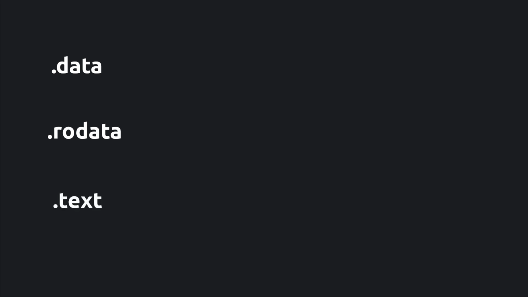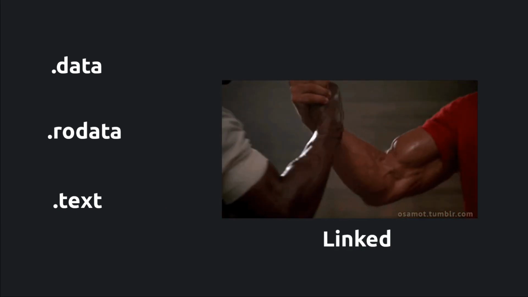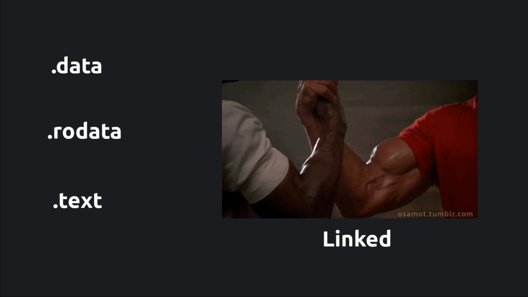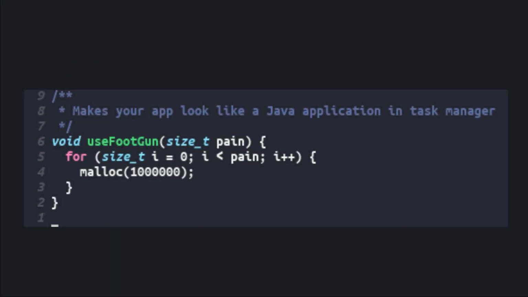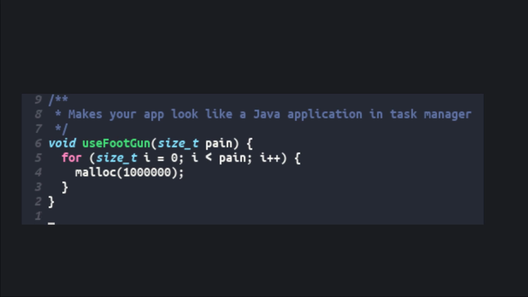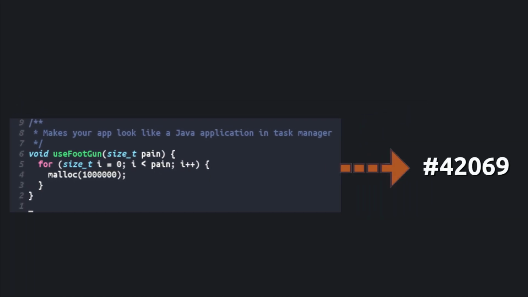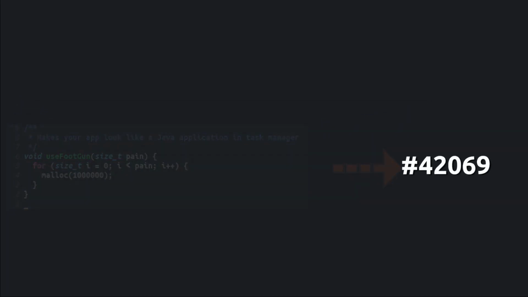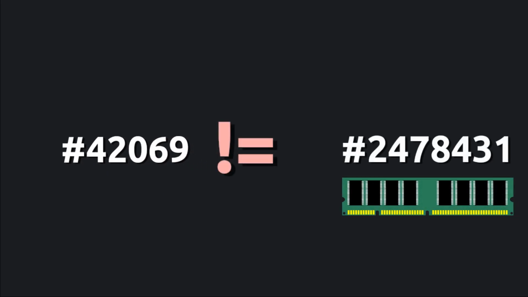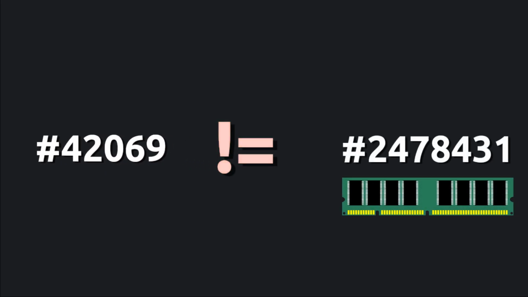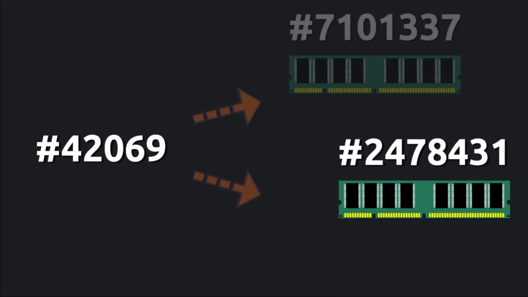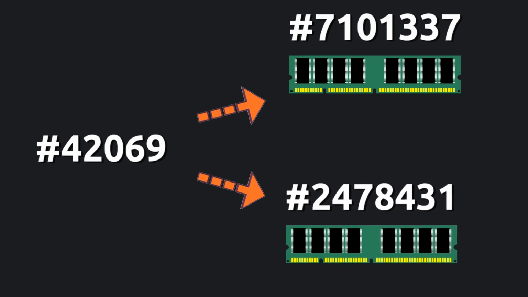The actual instructions are found in the text section of the executable. Those instructions are already linked, which means that the program definitions, like for example this C++ function definition, are mapped to virtual memory addresses. Virtual memory addresses are not akin to physical addresses in the RAM. This makes them portable between different RAM modules.